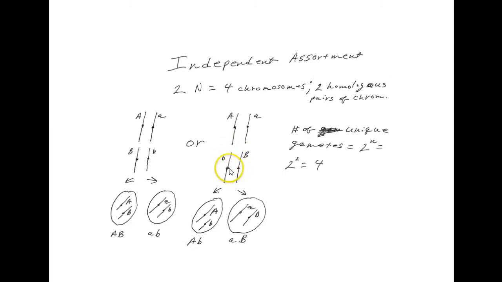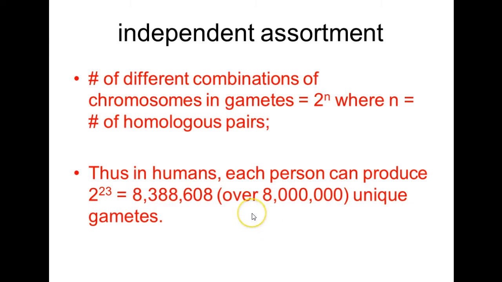We could have wound up with dominant B on the right, and when they separate, we would have got this combination, dominant A recessive B and recessive A dominant B. So, with 2 homologous pairs of chromosomes, there are 1, 2, 3, 4 possible gametes. Okay, so the number of different combinations of chromosomes in the gametes is equal to 2 to the nth power, where n is equal to the number of homologous pairs.